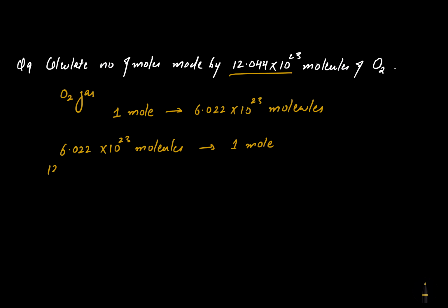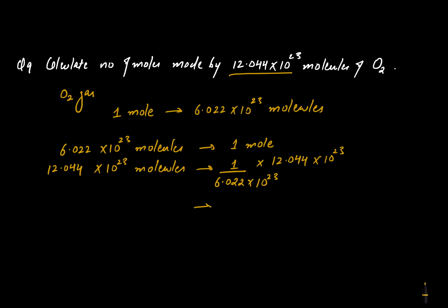Then 12.044 into 10 raised to power 23 molecules will make up how many moles? That will be 1 divided by 6.022 into 10 to the power 23, into 12.044 into 10 raised to power 23. Your answer comes out to be 2 moles. Hopefully, my dear students, you got this question also.